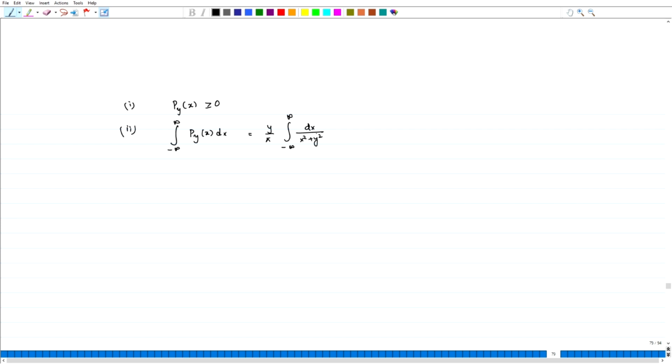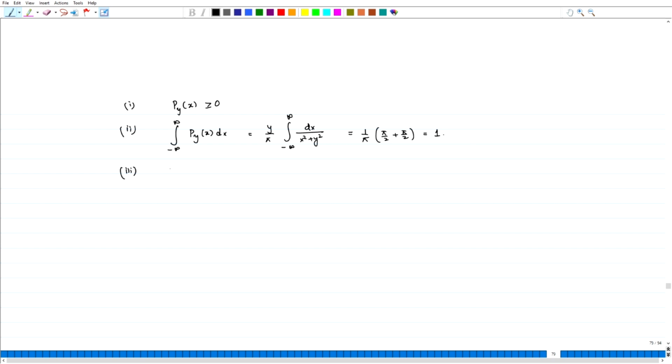This is a known integral, 1 over a times arctan of x by a. This is certainly equal to 1 over pi into pi by 2 plus pi by 2, so this is equal to 1. This is also very easily verified.